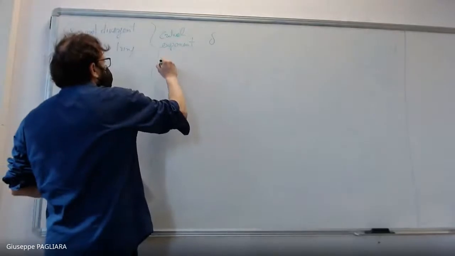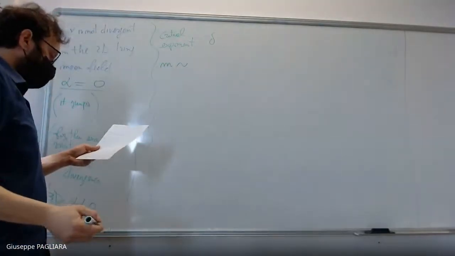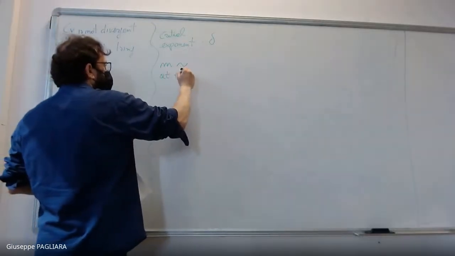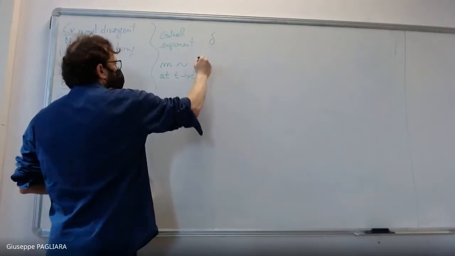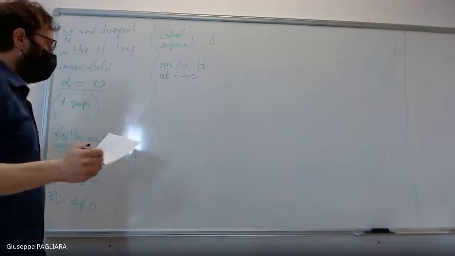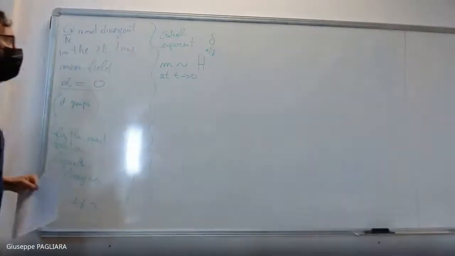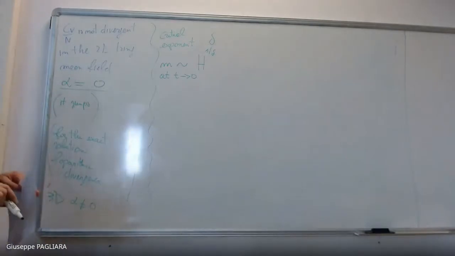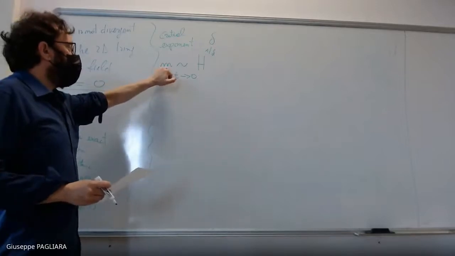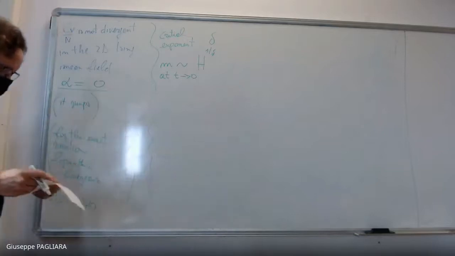Basically, one writes that M scales, for T approaching Tc, by definition, as H, which is the external magnetic field, to the power of 1 divided by delta. This is just a definition of this critical exponent that characterizes the scaling of M with the external magnetic field at T equal to Tc.